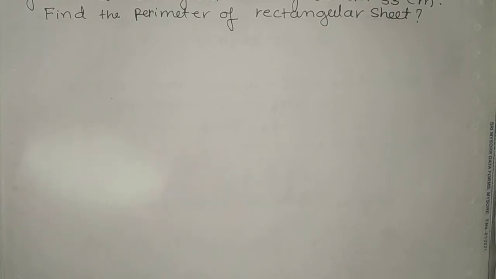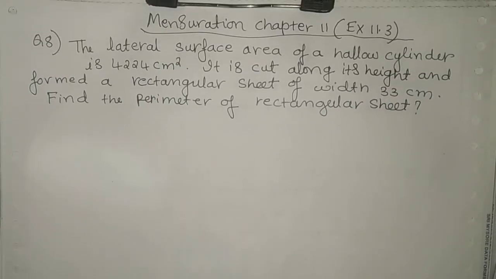So 8th question is, the lateral surface area of hollow cylinder is 4224 centimeter square. It is cut along its height and formed a rectangular sheet of width 33 centimeters. Find the perimeter of the rectangular sheet.